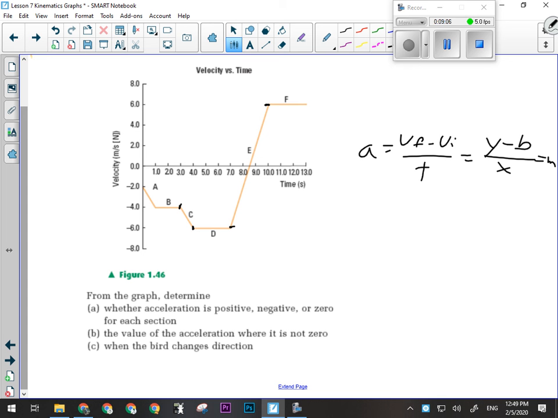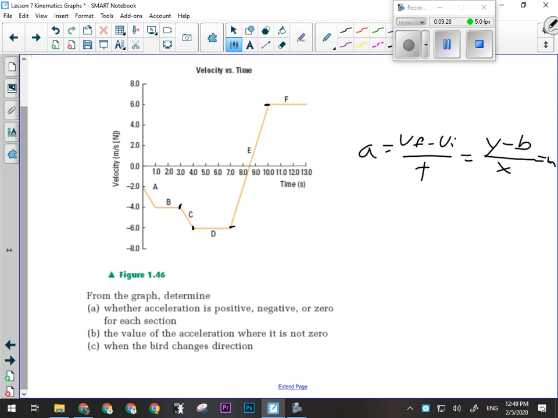At what time does the bird change direction? Where in E? At exactly what time on the graph? 7 seconds.